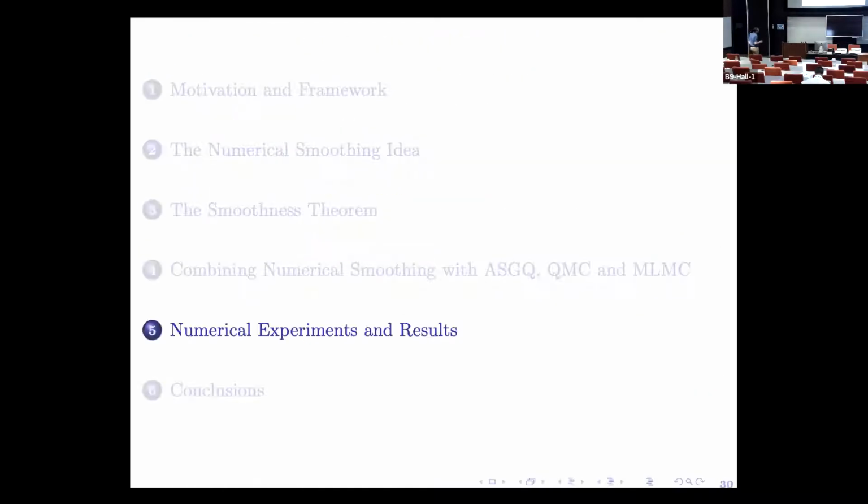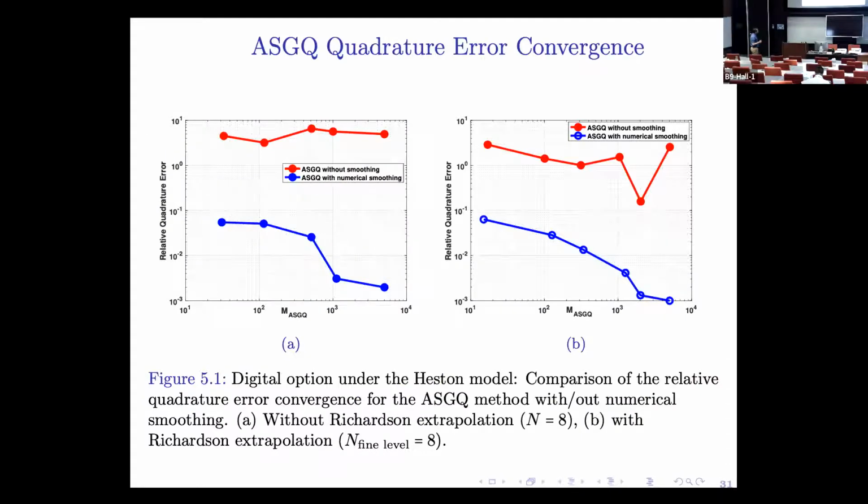What we see here is that if you don't do any smoothing, basically there is no convergence. And you see that you gain a much better behavior with respect to the number of quadrature points used by adaptive sparse grids if you smooth out your problem. And this is the second plot, when you use Richardson extrapolation.